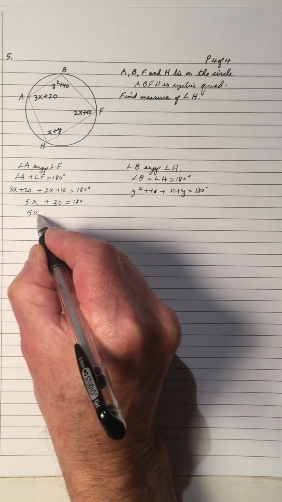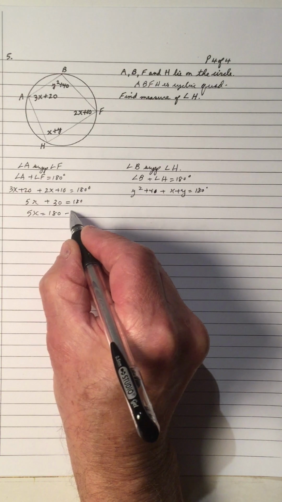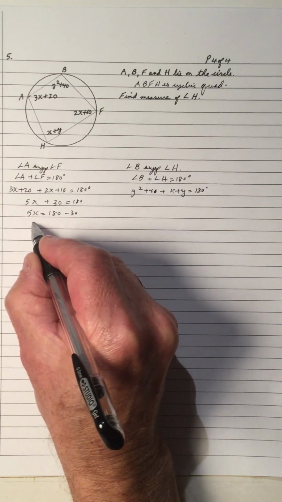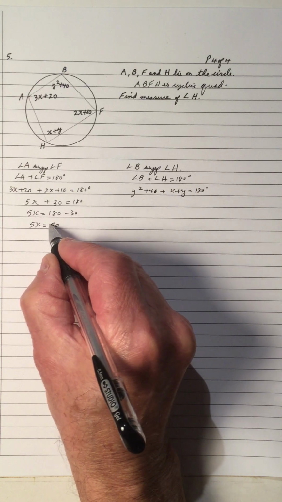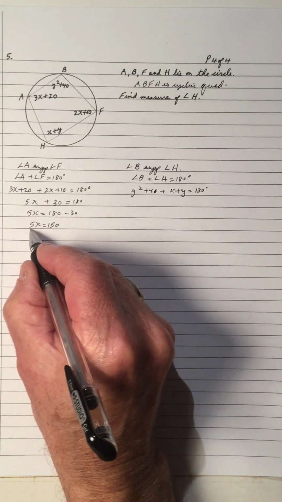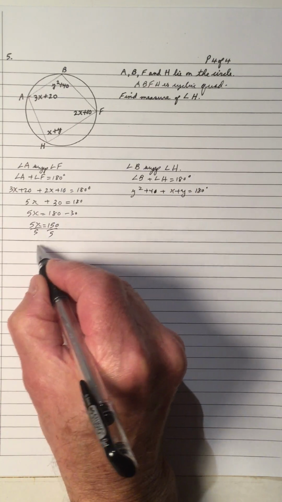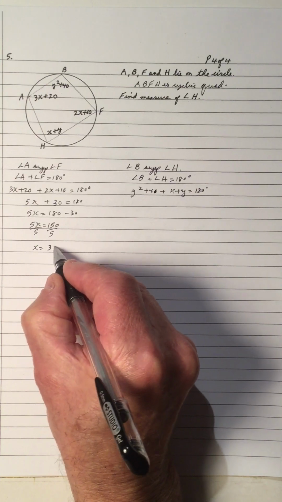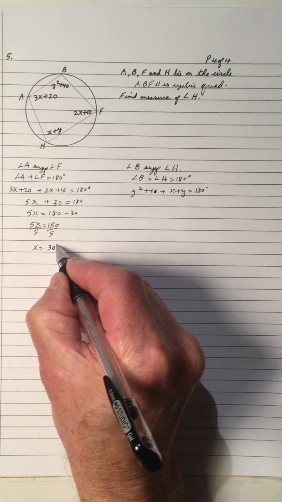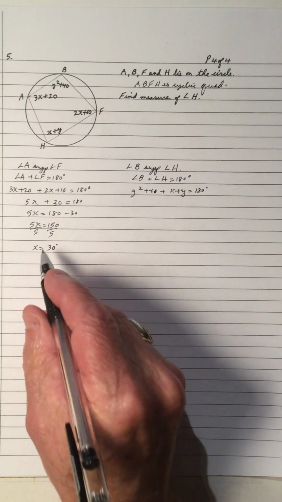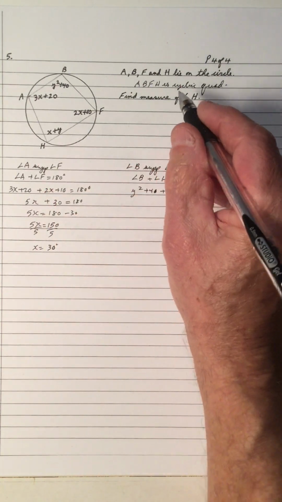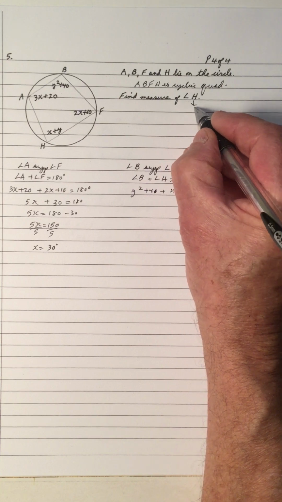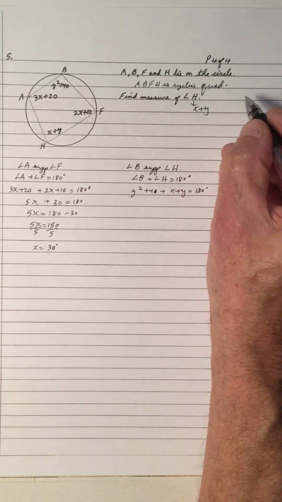So 5x is equal to 180 minus 30. 5x is equal to 150. Divide by 5, and we have x is equal to 30 degrees. It says find angle H, but angle H is made up of x plus y.